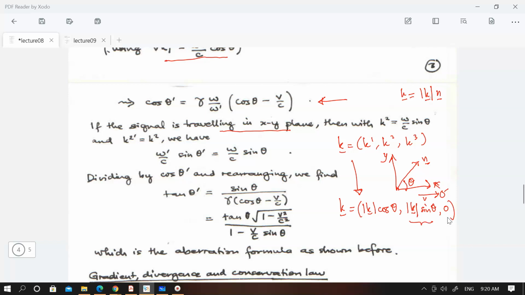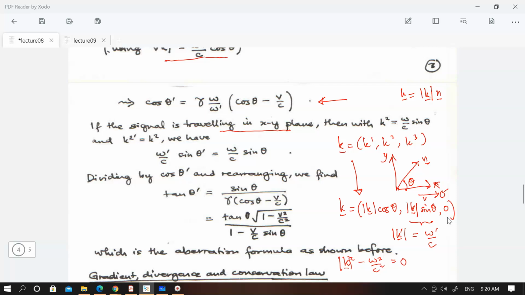So remember that in your O dash frame it will be k dash, of course, and k dash would be omega dash over c. You have to remember that your k squared, because it's a null vector, it's the propagation of light, equals 0.